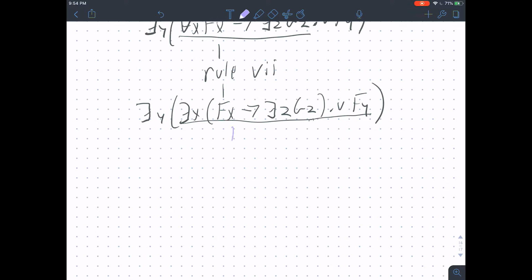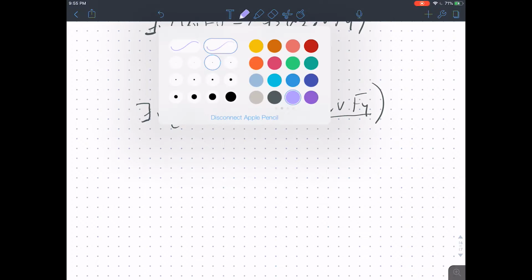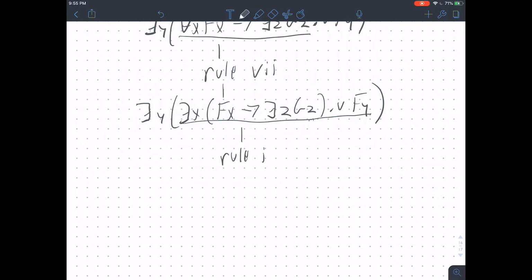And so if we apply rule 3, oops, colors, if we're just looking at the underlined portion and we apply rule 3, that'll give us, or wait, no, sorry, I screwed that up in an annoying way.